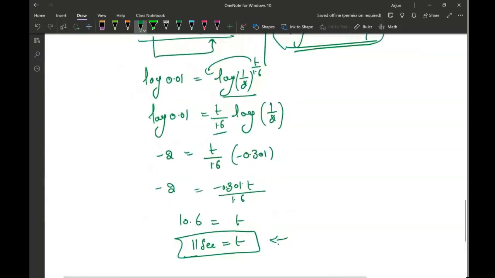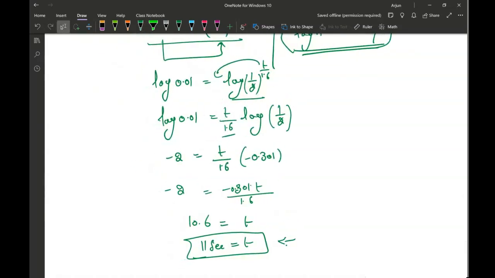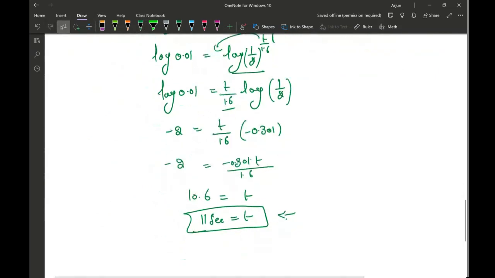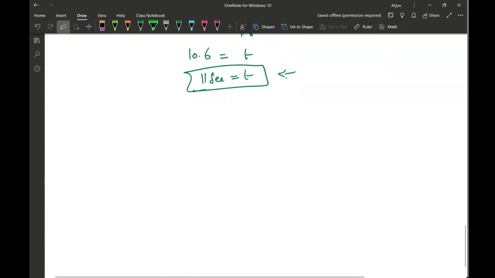So hopefully you were able to understand how to simplify this kind of a question. So I'm going to quickly look into the other question also, the second one on the same page. So radium-226 has a half-life of 1600 years. What percentage of the sample will be left over after 8,000 years?